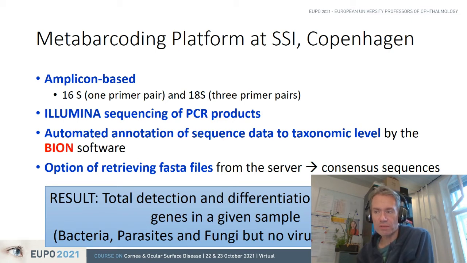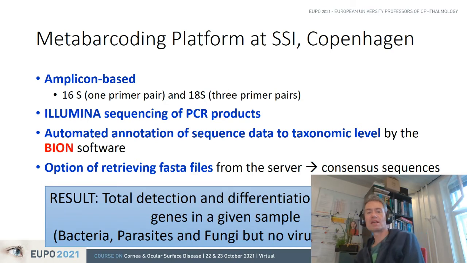So you know that bacteria, fungi, and parasites all have ribosomal genes that can be used for detection and differentiation. Viruses do not possess these genes, so we could not include viruses on this platform.